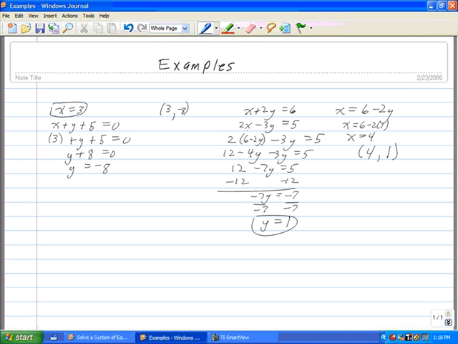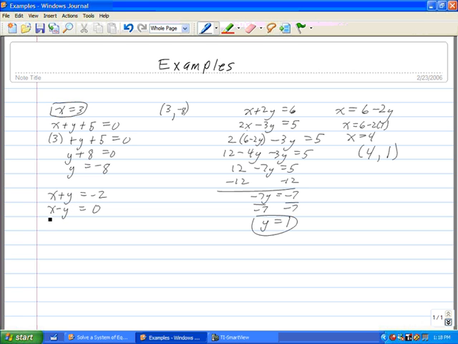Now let's go to a new example. We're going to now look at x plus y equaling -2 and x minus y equaling 0. Now I want to look at this one because this is an example of where you have multiple different options as to which variable you might want to solve for.